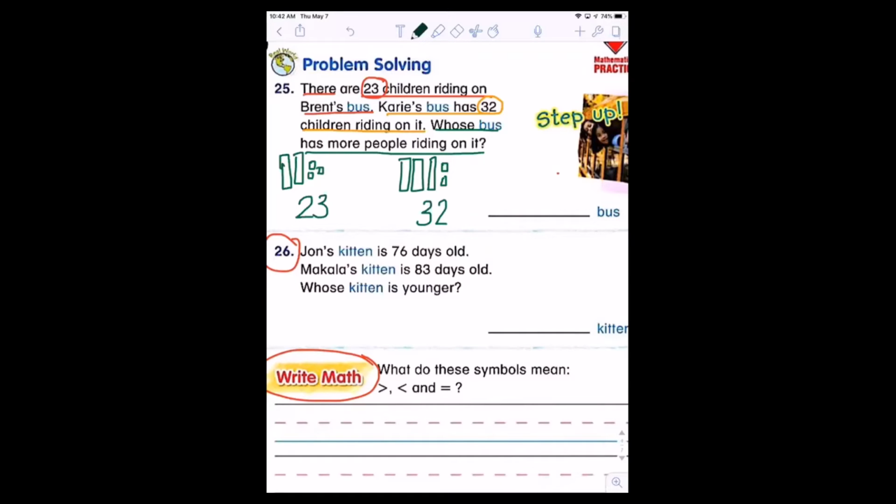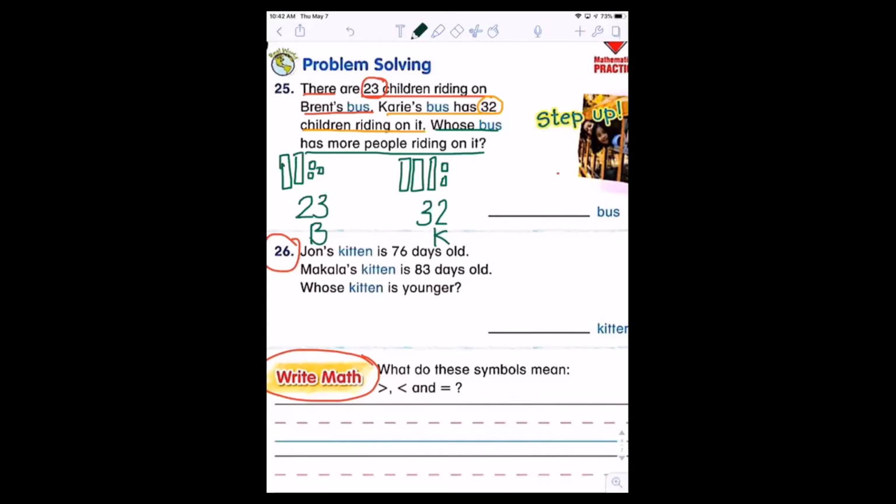Okay, so we have 23 children in Brent's bus, 32 children in Carrie's bus. So who has more children in the bus? Brent. This is Brent. This is Carrie.